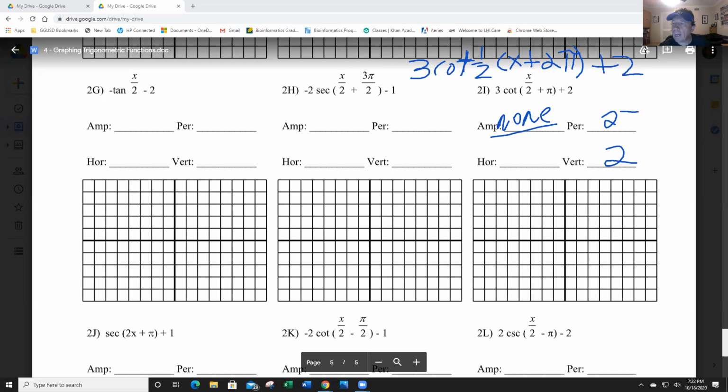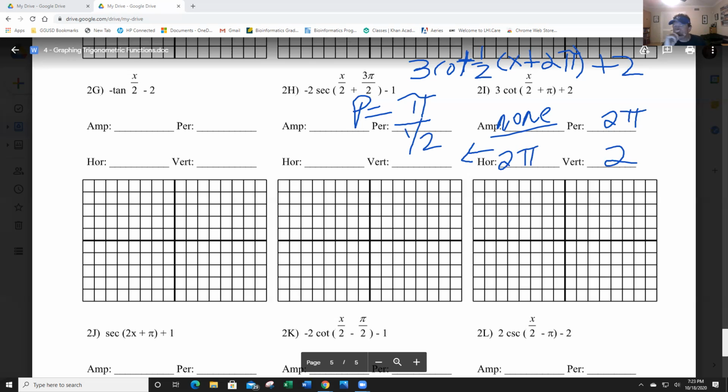How did I get 2 pi? Remember, for the period, P equals pi for tangent and cotangent divided by a half, and that's going to be 2 pi. And then the horizontal shift is going to be 2 pi to the left. And remember, 2 pi is 4 boxes in my system.